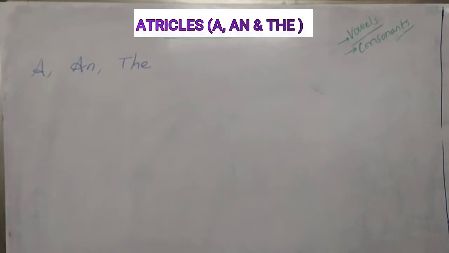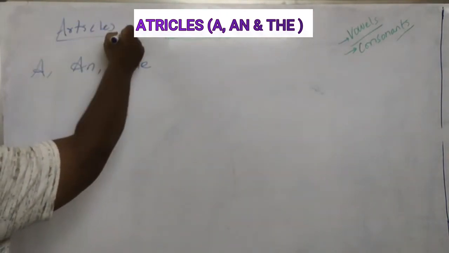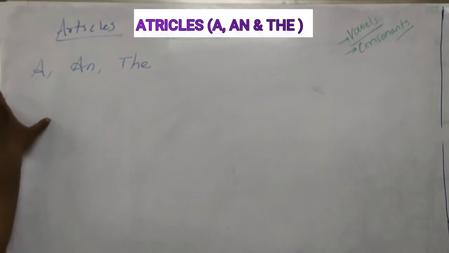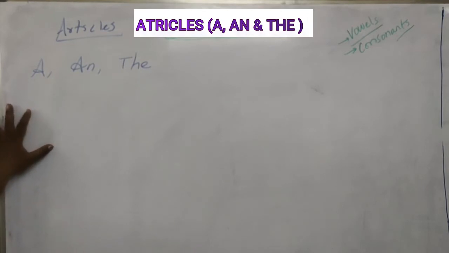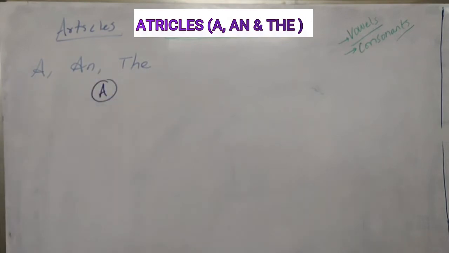What are they called? Articles. These are 3 words which we regularly use in our conversation, isn't it? So first of all, we'll see A. When we should use A.